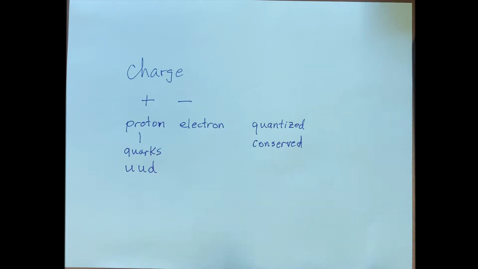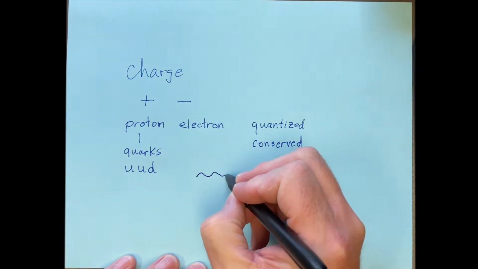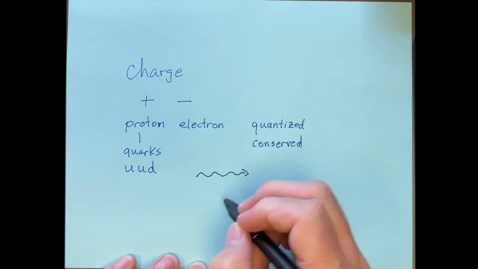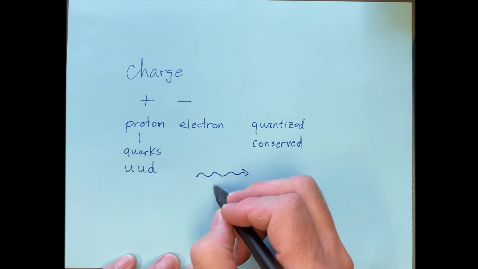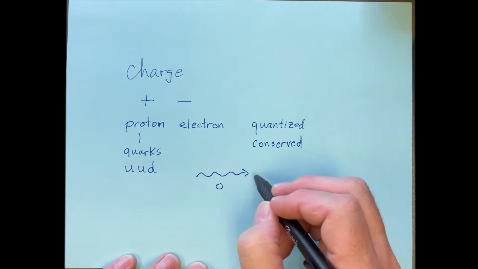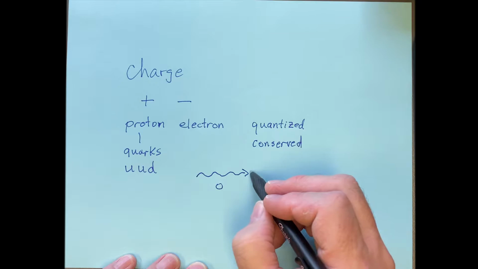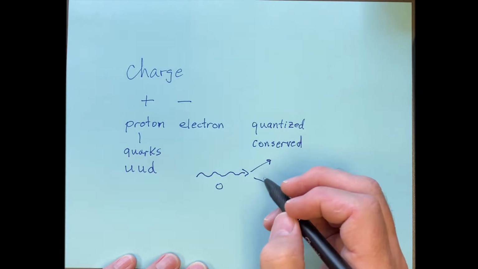Now, there are some exceptions to that in the quantum mechanical world. Let's say this represents a photon of light and it's traveling along. Well, a photon has a net charge of 0. It is possible for photons to undergo events where they generate particles, events called pair production.